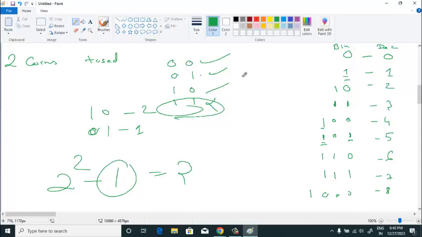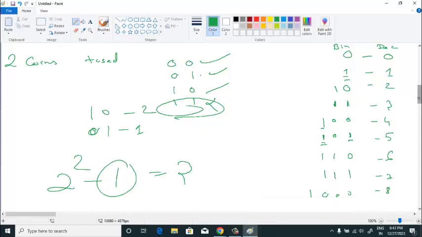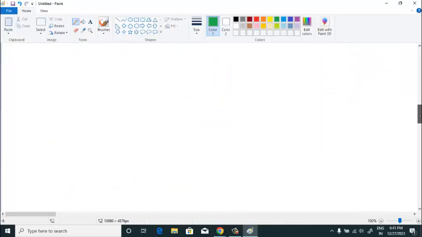Now, let me do one with 3 bits. 10.0.0.0. And I have 7 departments, so I need 7 subnets. And I have to borrow from here. You know why? Because this is already masked, and from here onwards, we have host bits.